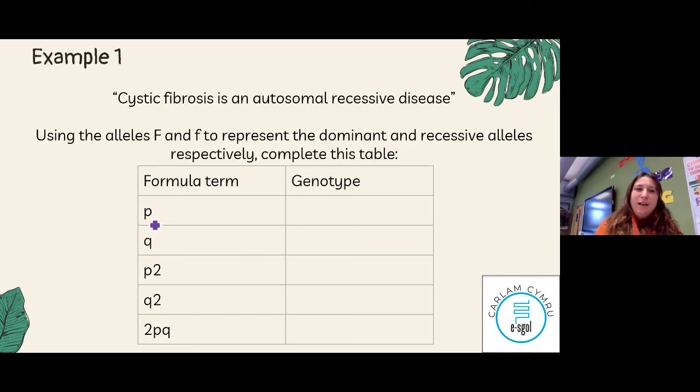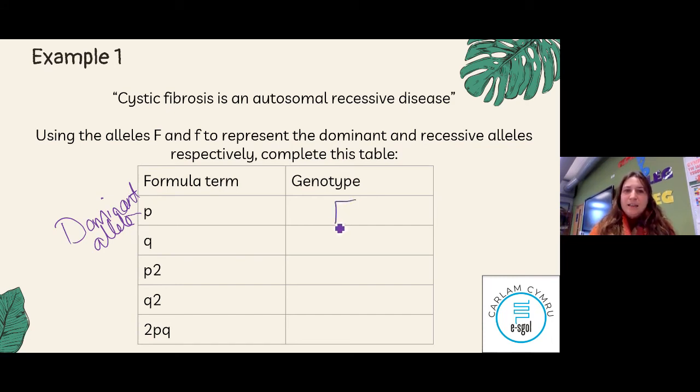Just to give you a little bit of help, because you may have forgotten, the p refers to the dominant allele. So the frequency of the dominant allele, and what's the genotype that we're going to use. I'm going to go through the answers, so if you want to, just pause.